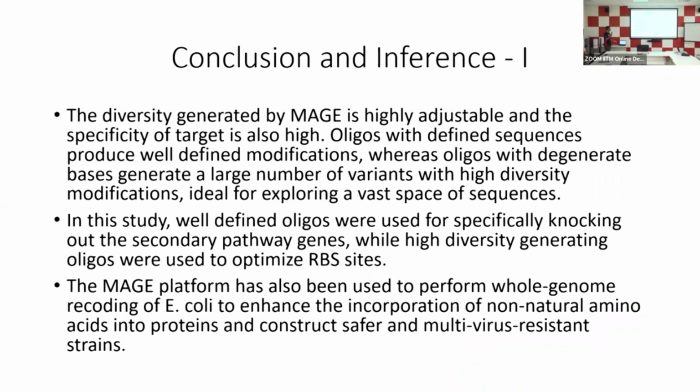And they used a similar thing here. They used well-defined oligonucleotides for specifically knocking out the secondary pathway genes, the four colored ones, while the high diversity generating oligos, which are highly degenerate ones, were used to optimize the RBS sites. So this way you can sort of optimize between specific and degenerate.